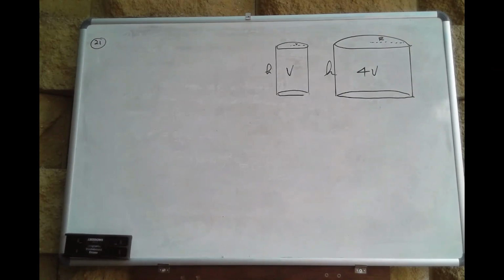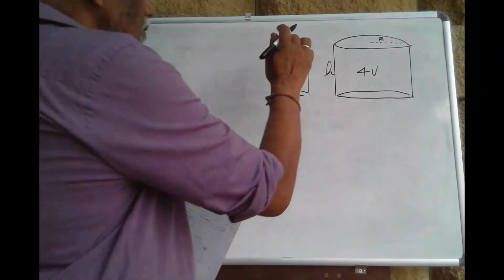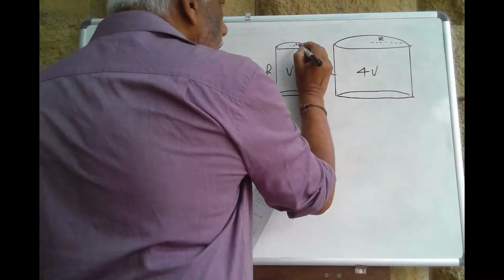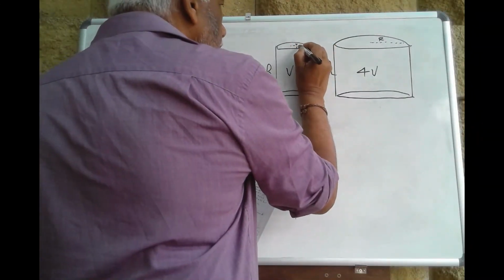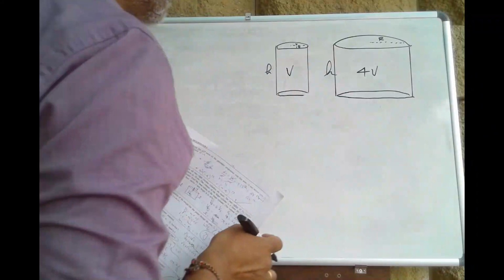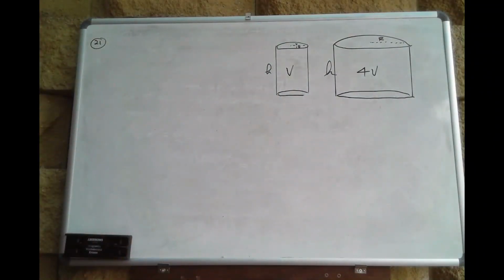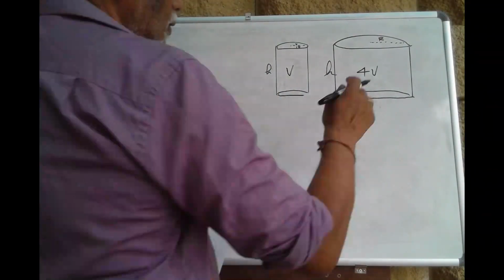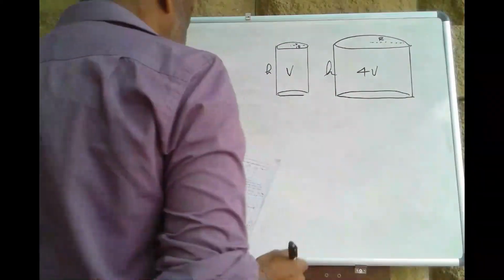And the cylinders' base radii: this is the smaller radius. This is going to be small r, that is going to be 10 centimeters. The larger radius, which we don't know, I'm going to call it R, big R. So that's the radius.